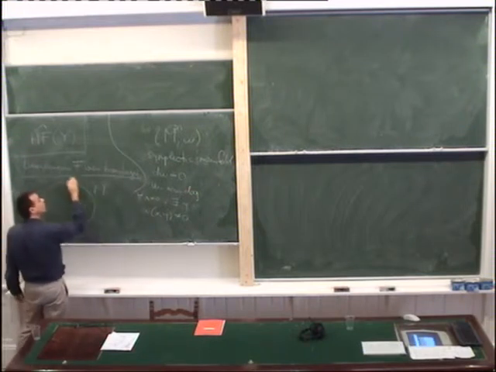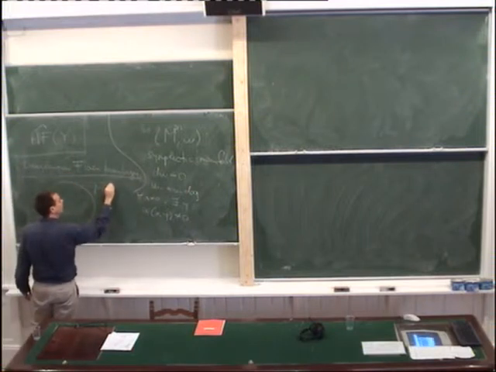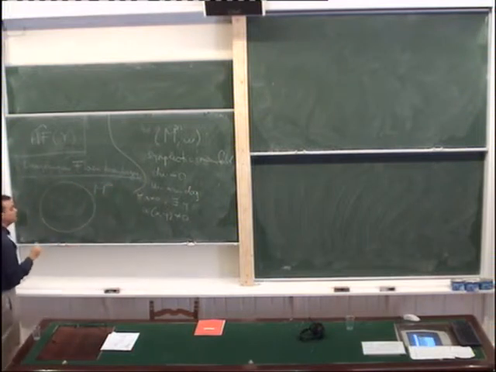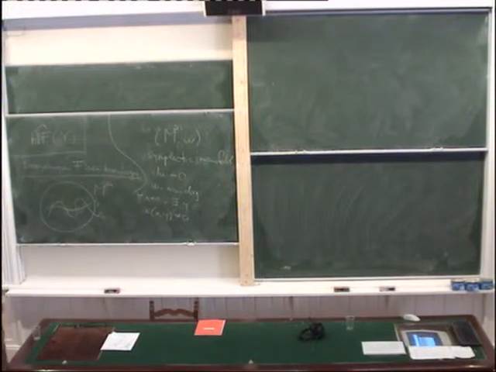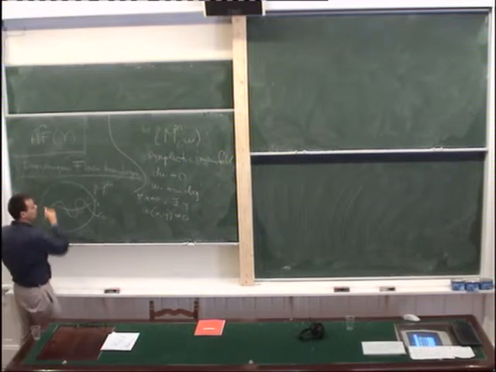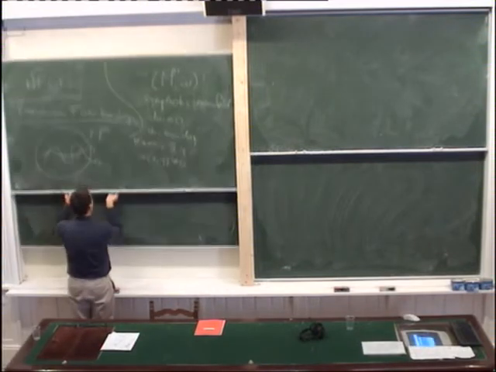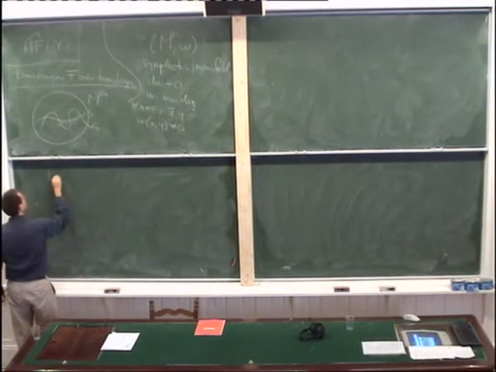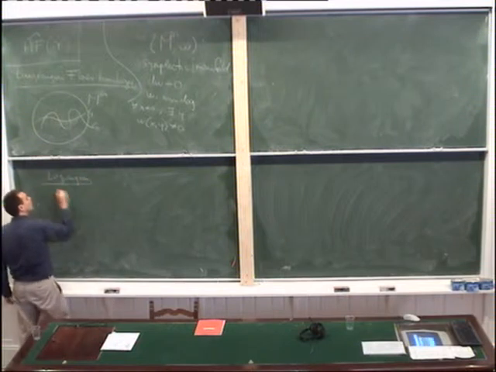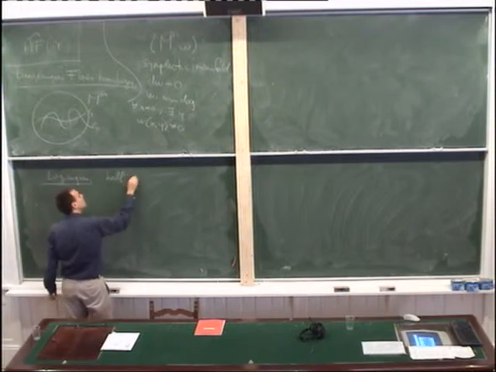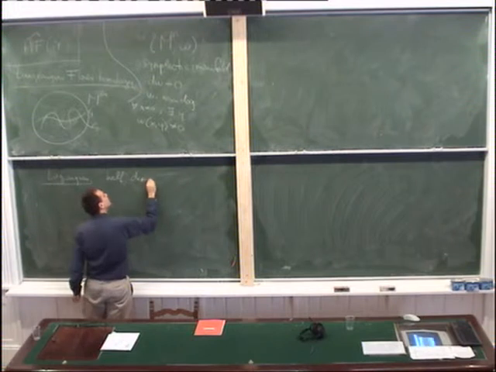And what we need for the Lagrangian Floer homology is, inside that symplectic manifold, we need two subspaces, L0 and L1, that are half-dimensional, and they are Lagrangian, meaning that the symplectic form vanishes.